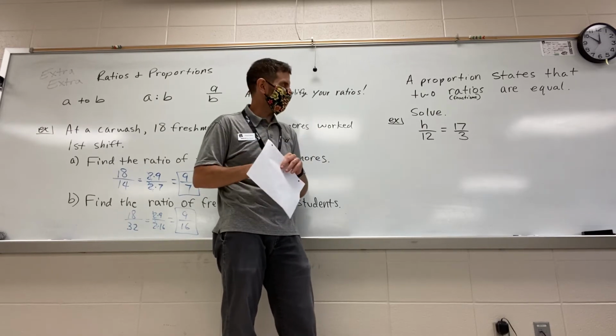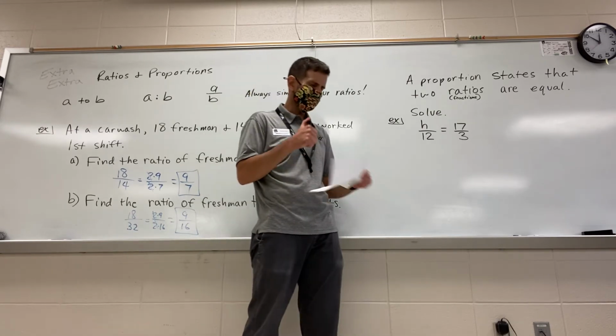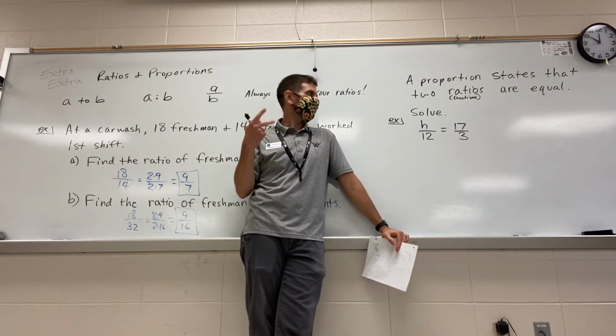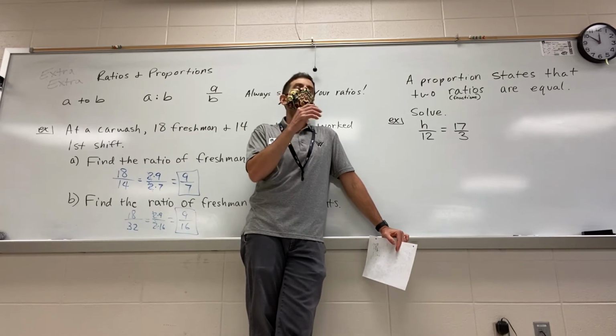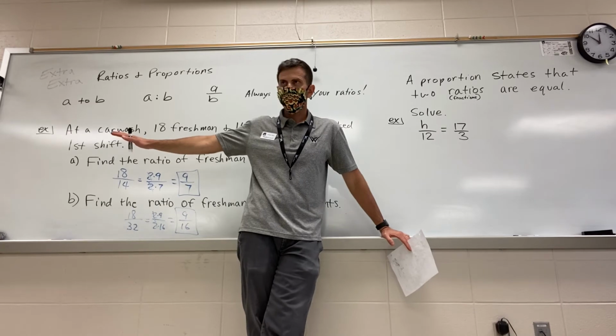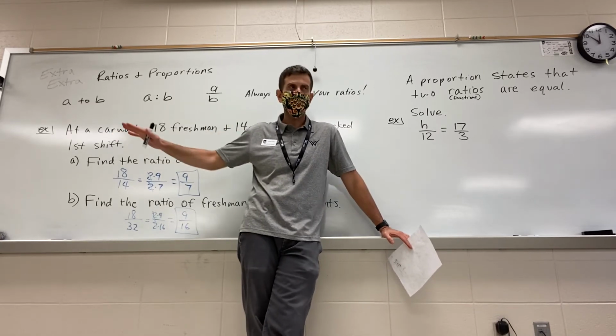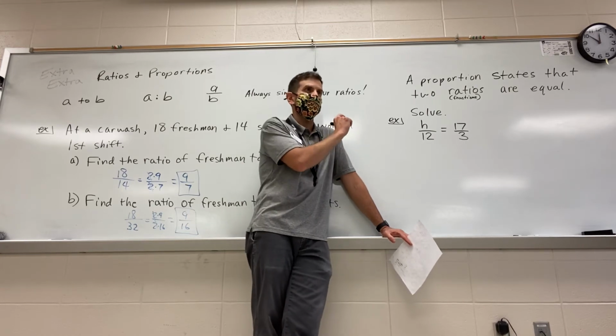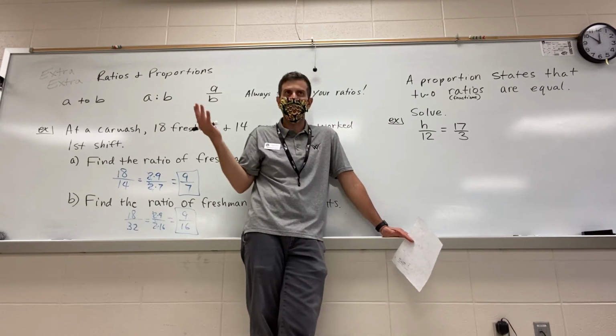But I guess I'll go ahead and let you in on a secret. If you have a proportion, which is a fraction equal to another fraction, you can get rid of the fractions. Okay? You can get rid of the fractions. It's a little bit overkill on this problem because it really is just straightforward, multiply by 12 and you're done.